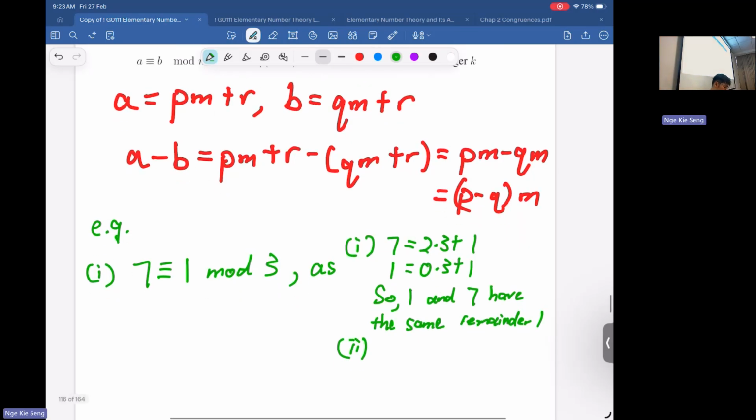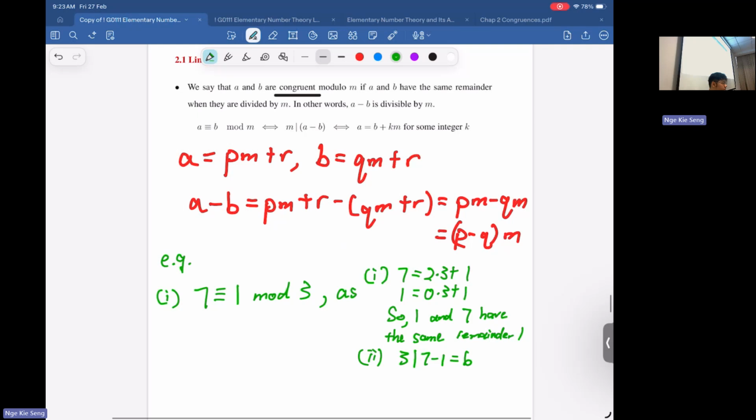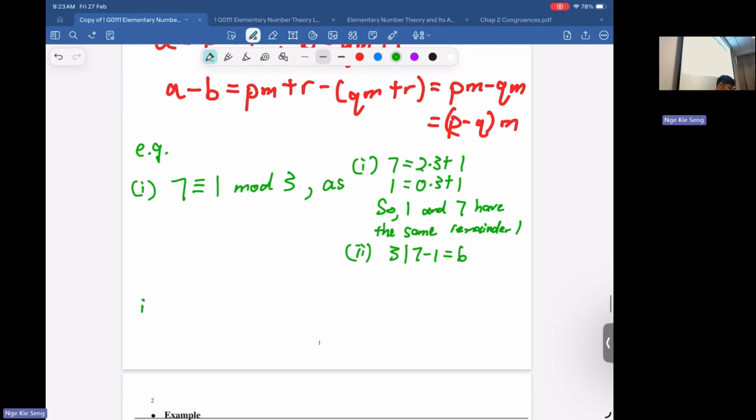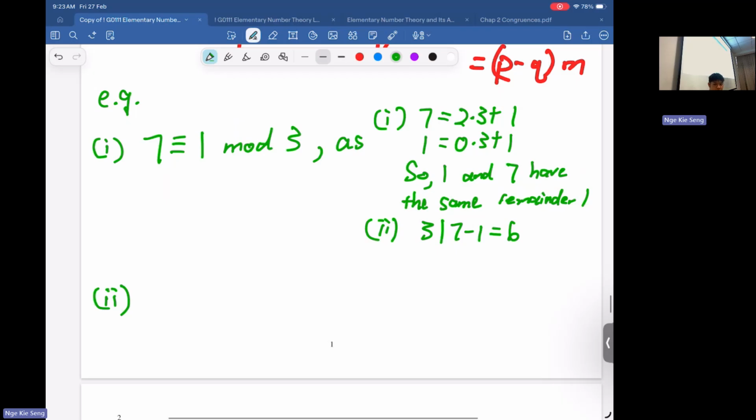Another way to check is like what I told you. You check whether 3 divides their difference or not. Their difference is 6, so 3 divides 6. Make sense? Okay, maybe I give you a question. You can answer me directly.